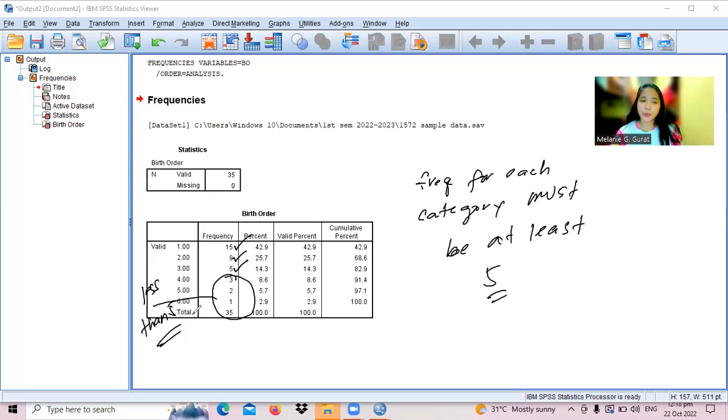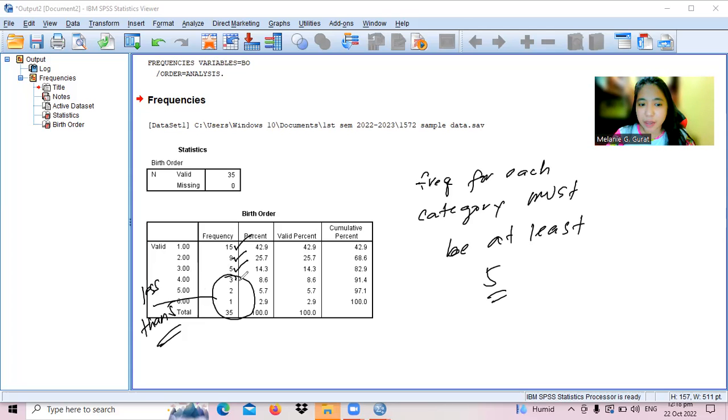So to still use this data, instead of disregarding the fourth, the fifth, and the sixth, we can come up with an interval or bracket. Say for example, 1 is first child, 2 is second child, 3 is third child, and 4 and above is combined.